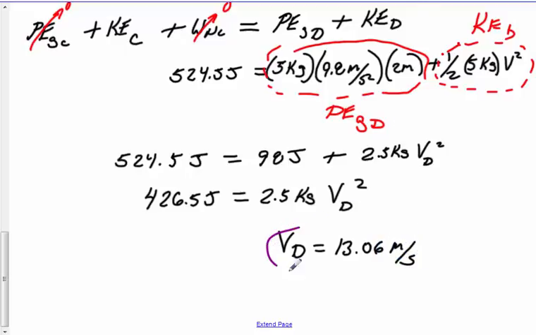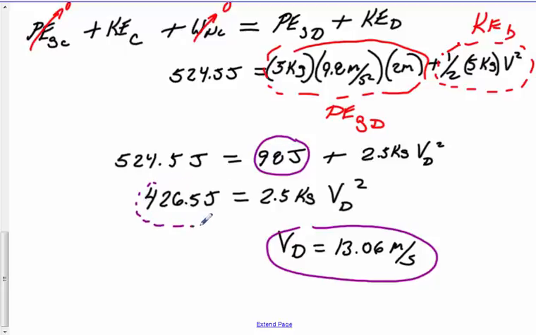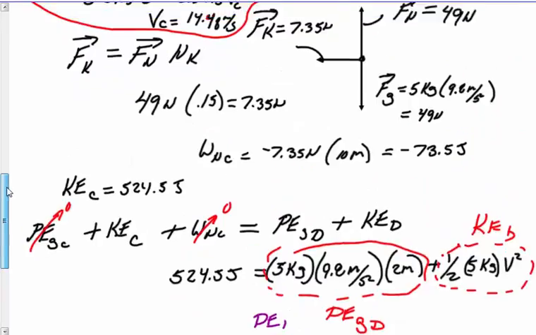All right, we'll go back and we'll check this. Again, this is the gravitational potential. And obviously, since I subtracted 98 from this, this right here is what my kinetic energy has to be at D also. So let's go back up here and check.